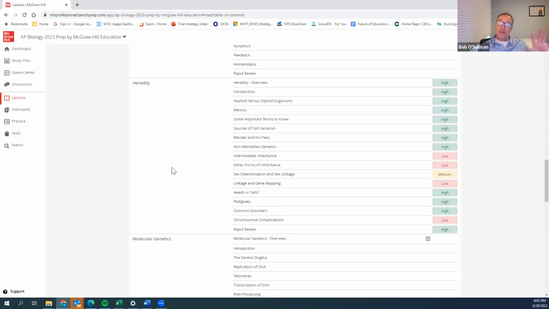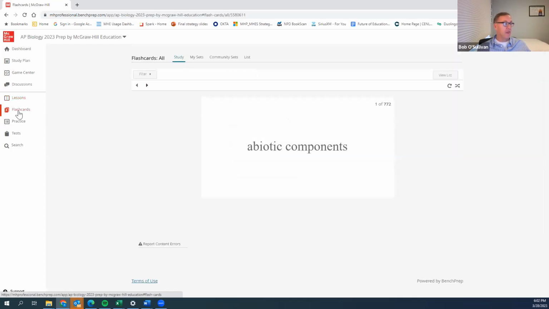Basically, this is a self-guided tool. So as you go through, if you rate yourself high or low, then next time you come back into the platform, where you rated yourself low, that's you telling yourself, hey, I want to come back to this, or this is a topic I really think I should revisit as I get closer to the exam. So it's a really helpful way of going through all the content and weeding out the stuff that you think warrants more attention.